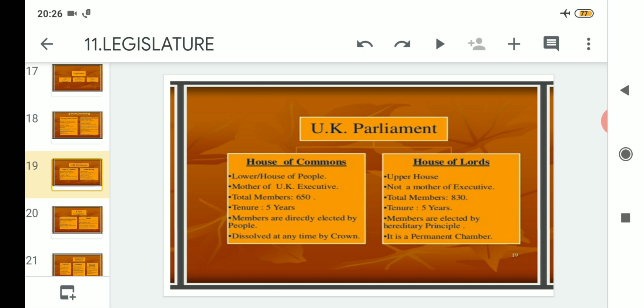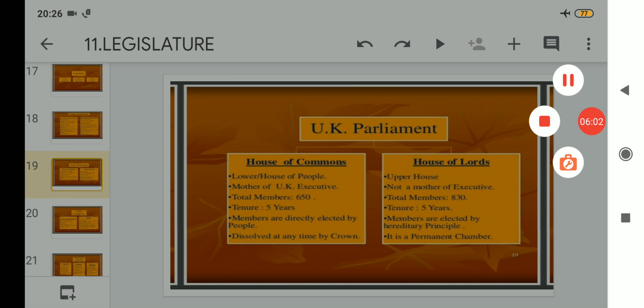That means the House of Lords is elected for a period of 5 years and cannot be dissolved before 5 years. This is the permanent house. And why is it known as the permanent house? Because the members elected, that are 813 in number, cannot be dissolved at any time by anyone. So that's why it is known as the permanent house in the UK Parliament.